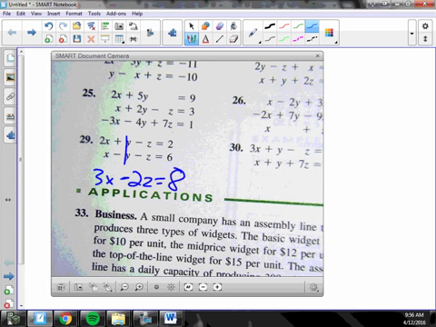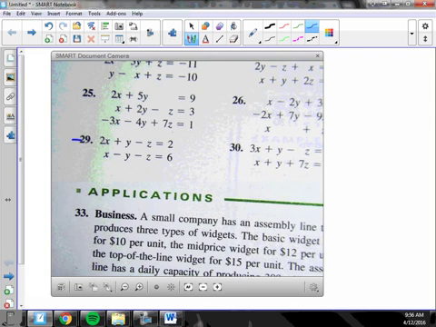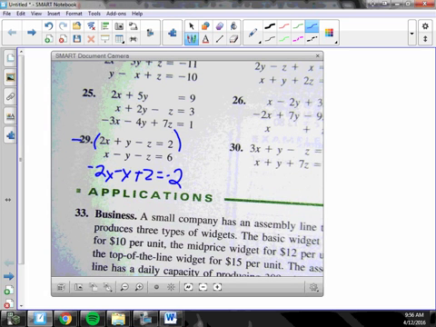Is it the only equation of the intersection? Well, what if I times the top by negative 1? Then I'd get negative 2x minus y plus z equals negative 2. And then when I add, I get negative x minus 2y equals 4.